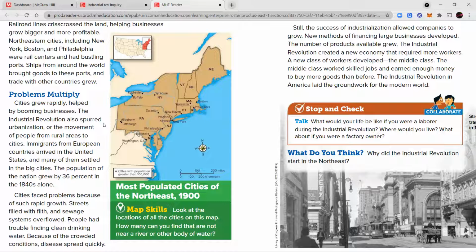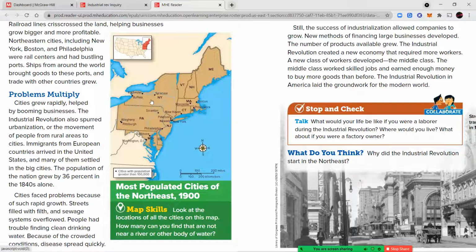Because people were moving out of their rural areas where they had their farms and moving into more urban areas, such as big cities, those cities became overpopulated. With that huge influx of people moving in so quickly, things like the sewage systems were not equipped to deal with that many people living there.